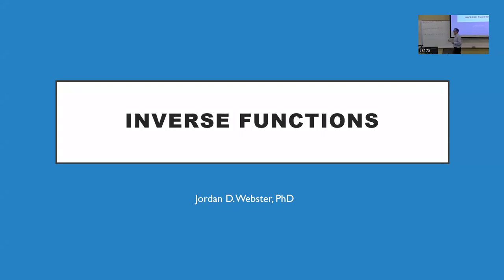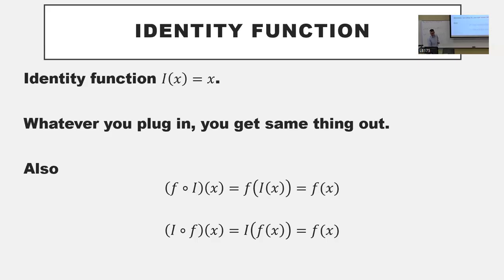And I bring that identity function up because that's the start of this section. The identity function is the function that whenever I input, I get the exact same output. So I input a 2, I get out a 2.